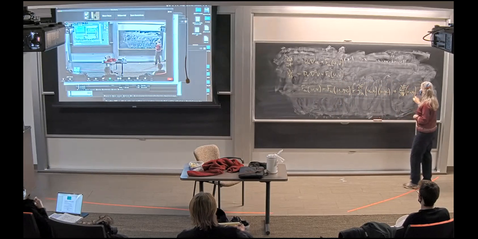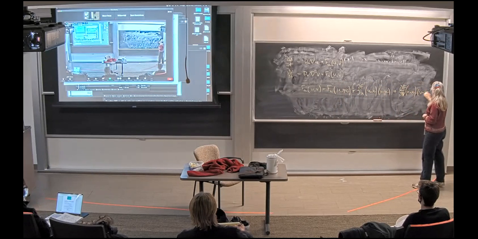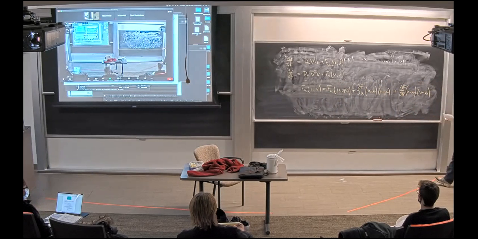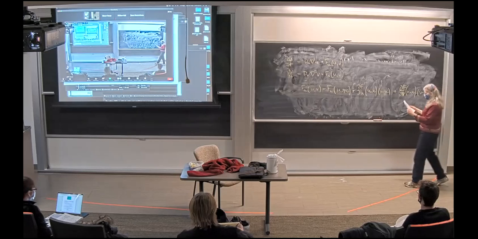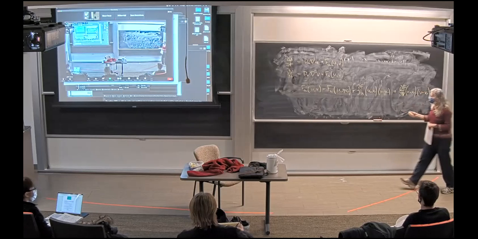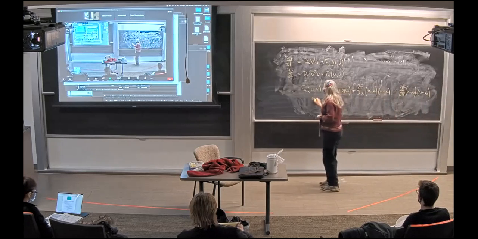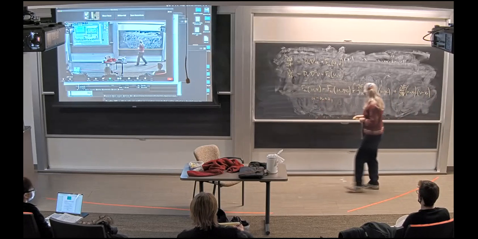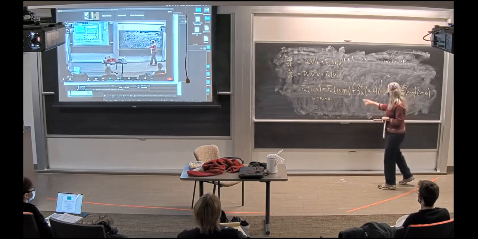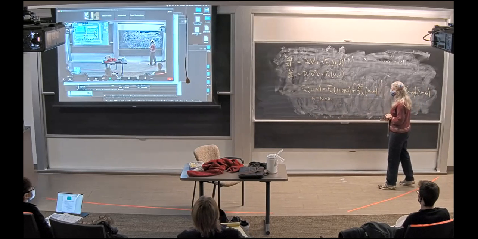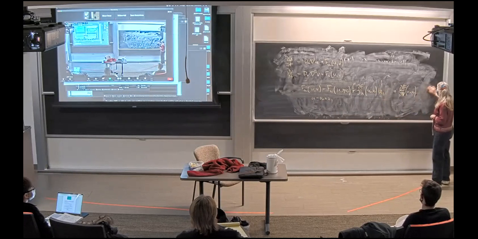So if u is equal to u0 plus u1, then let's take this and make it u1, and this is now v1.